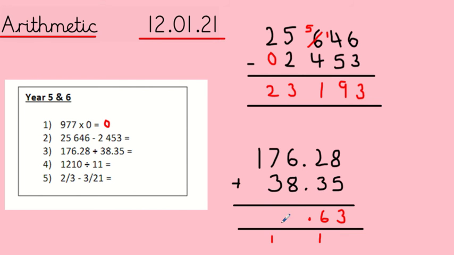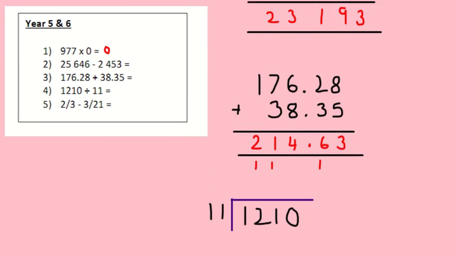That's right, 14. 7 add 3 add 1. That's right, 11. 1 and 1 is 2. 214.63. Okay, let's have a look at question number 4.